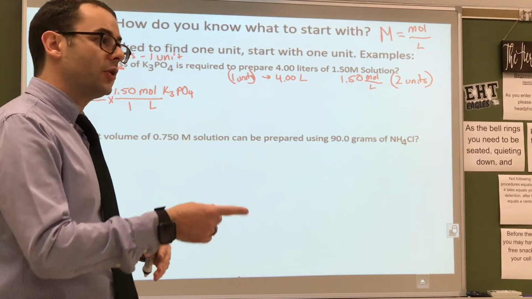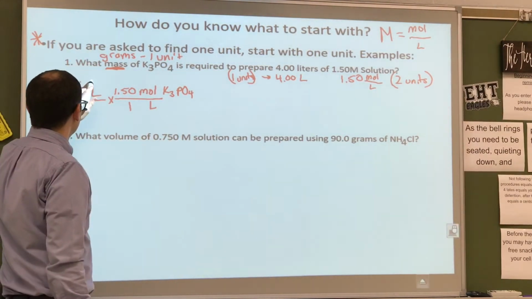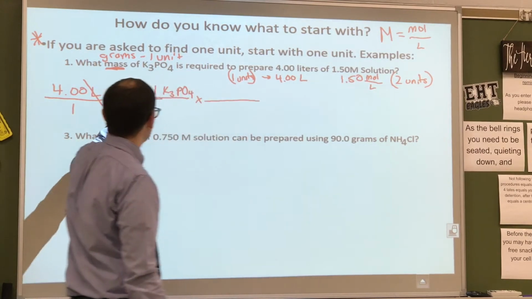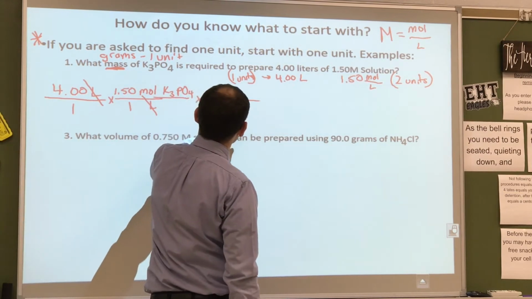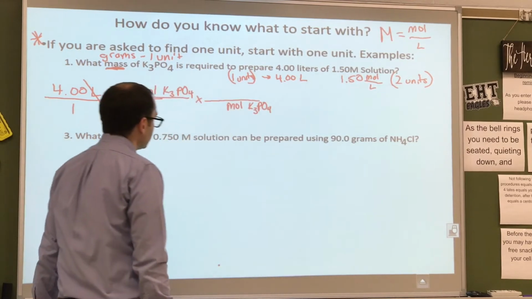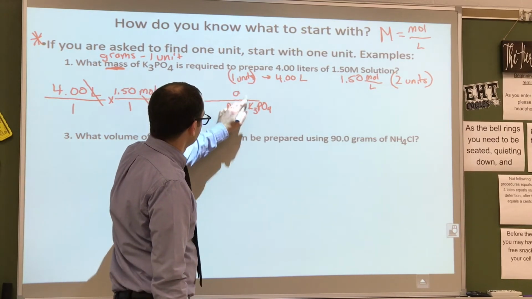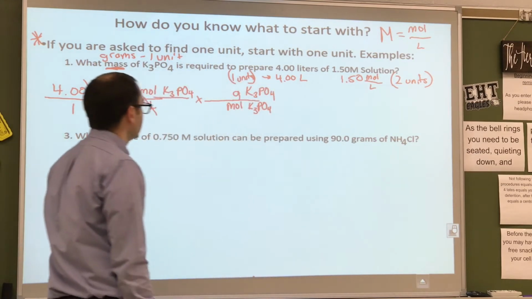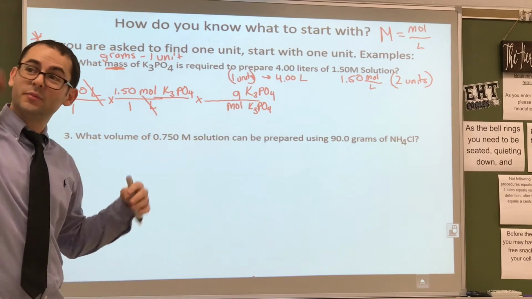Okay. Remember how we're looking for grams? Now, what would you do? Yeah, exactly. The liters cancel out, and as you just said, we go moles to grams, right? So what unit's going to be on the bottom? All right, moles K3PO4, good. And then what's going to go on the top? Grams K3PO4. All right, where do we get our numbers from? Yeah, exactly, periodic table, molecular mass.